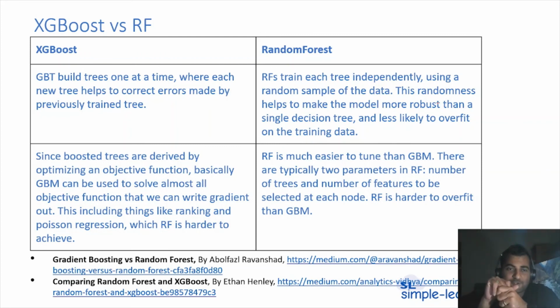But XGBoost is also driven by an optimized objective function, so it can basically solve almost any objective function for which we can write a gradient. That includes ranking, where it's very hard to achieve from random forest, so we switch to XGBoost to get the expected results for problem solving, right?